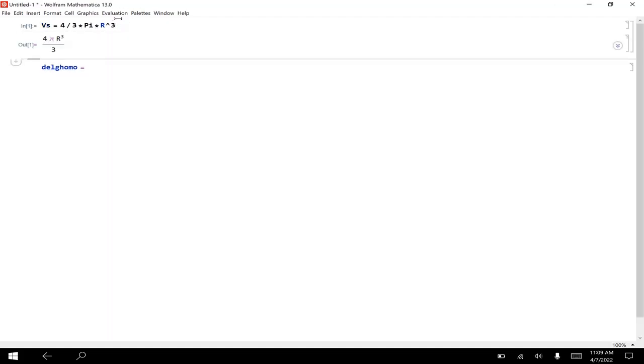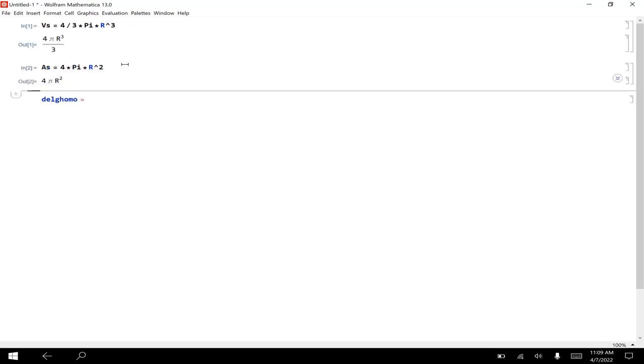There we go. My area of my sphere is going to be equal to 4 times pi times r squared. And then my delta G homo is going to be minus volume of the sphere times del GV.